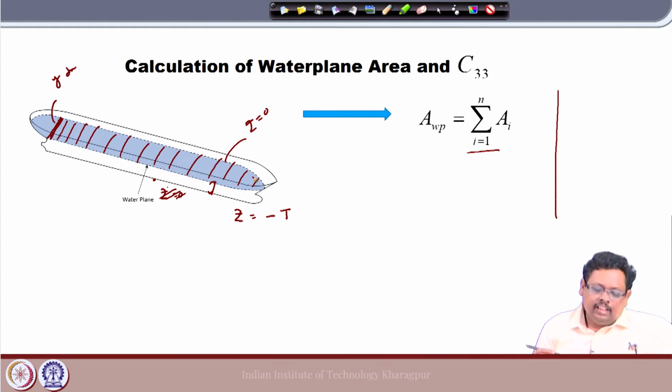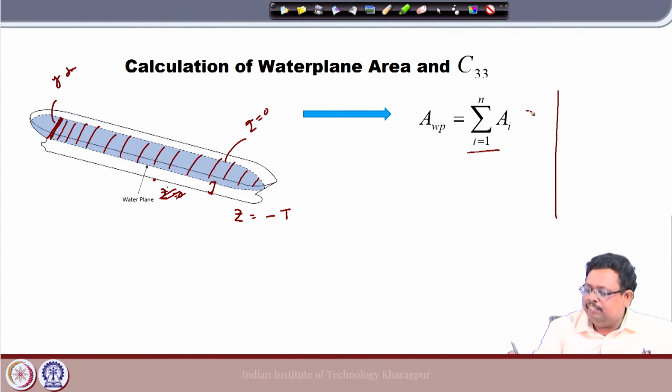Anyway, remember that whether you call it z equal to 0 or z equal to t does not matter. The idea is this is the topmost point, above which there is nothing but air. So you take this point and then you calculate.